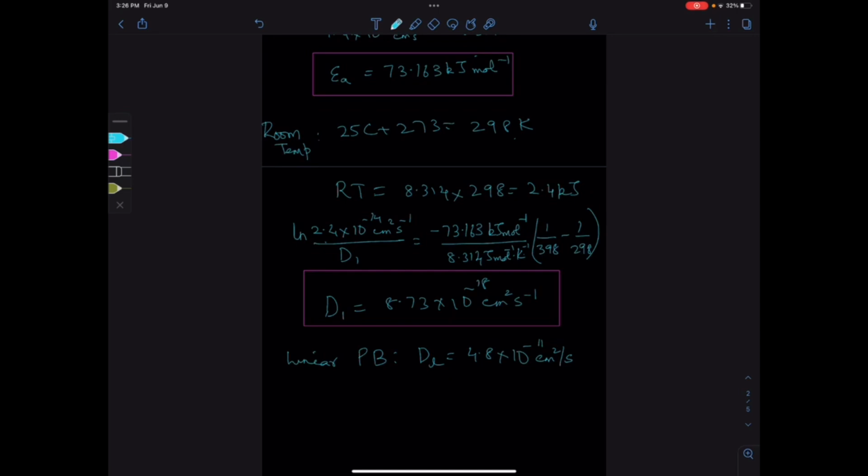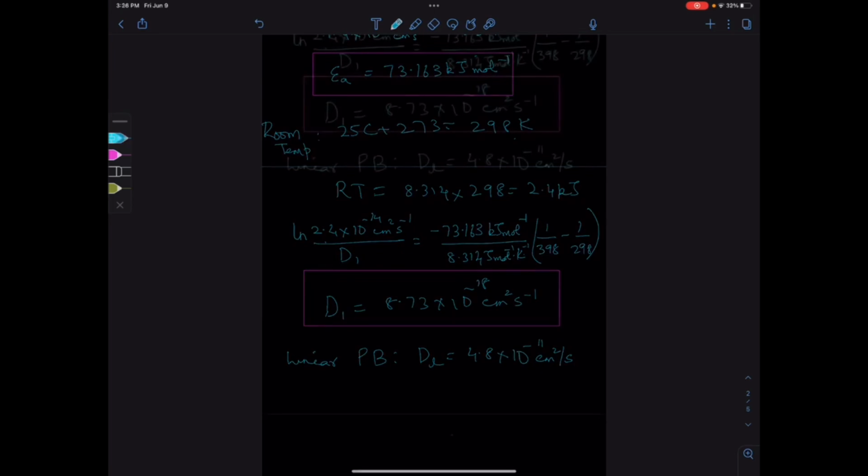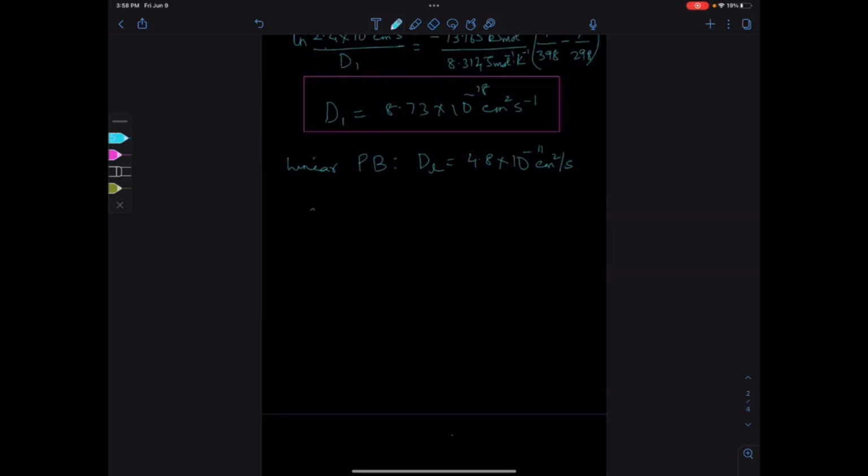Let us find out what would be the activation energy for the linear polymer, assuming that the Arrhenius constant would be the same. EA for the linear polymer would be the activation energy for the star polymer plus ln of the diffusion coefficient of the star polymer over the diffusion coefficient of the linear polymer.